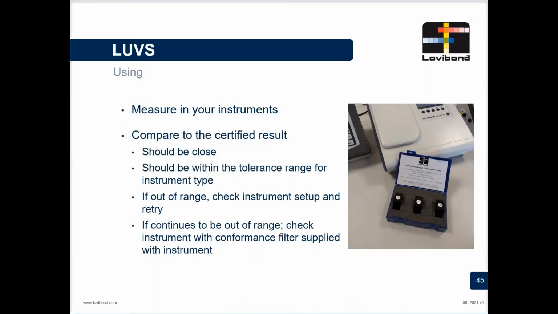Did we do the baseline properly on our electronic instrument? Did we make sure that there wasn't anything in the sample chamber? If we continue to have problems, get the conformance filter that was supplied with the instrument out and measure that. Does that give a problem? If it doesn't, maybe look at where we're going wrong, and contact support here at Lovibond for some advice.